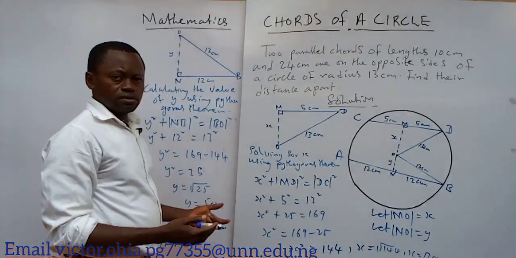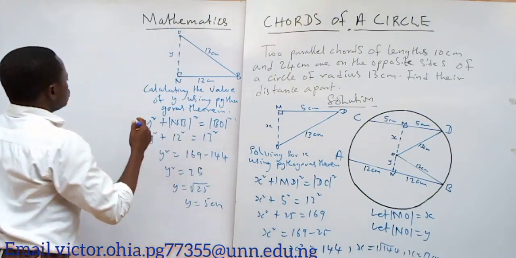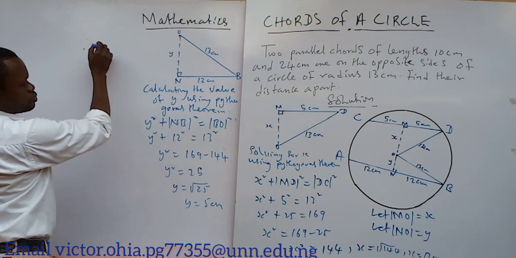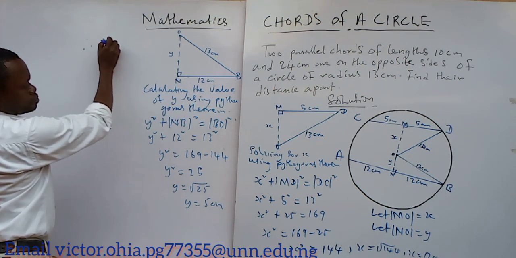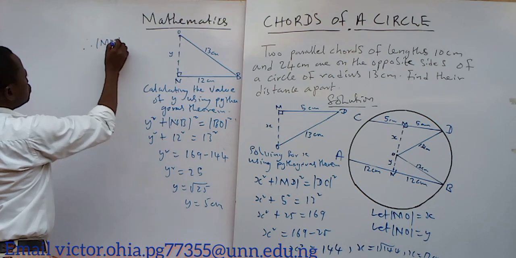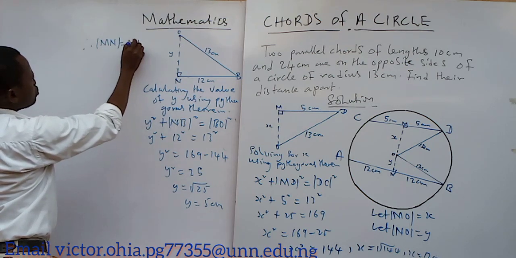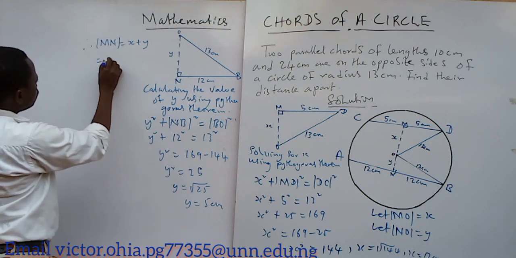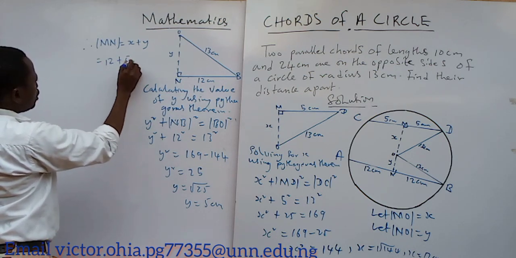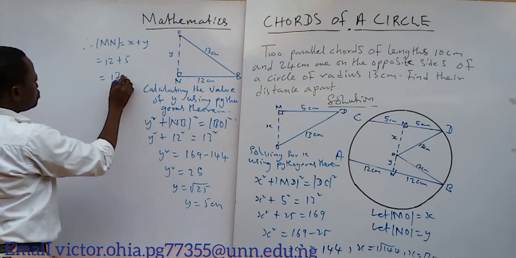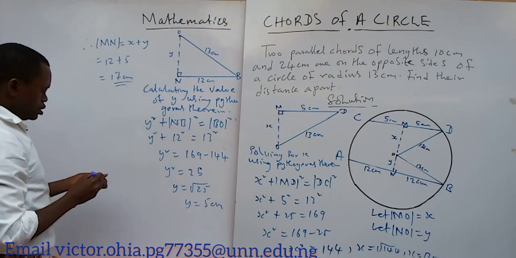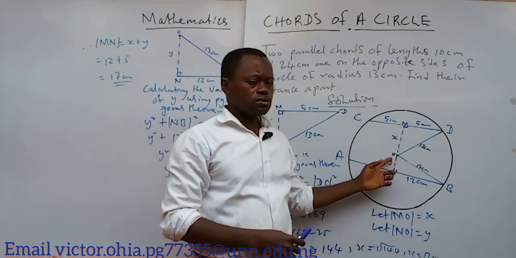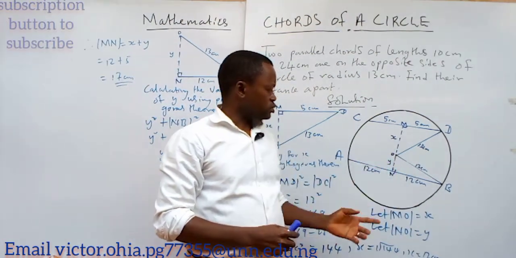Our conclusion here is that therefore MN, which is equal to x plus y, will be equal to 12 plus 5, and that will give us 17 cm. So this is the distance between these two parallel chords.